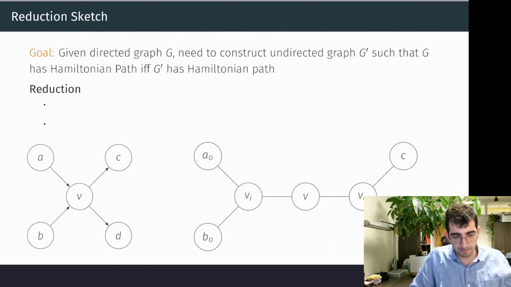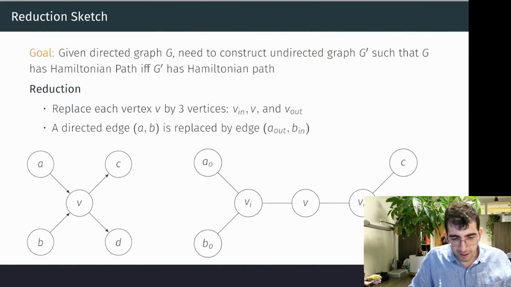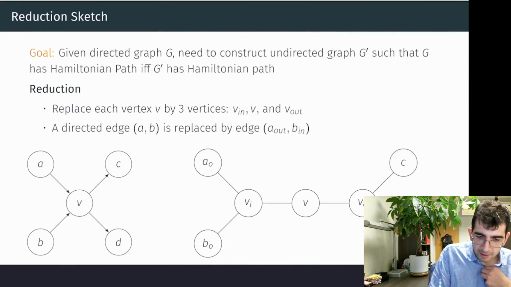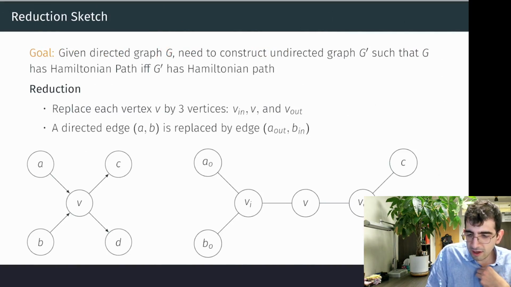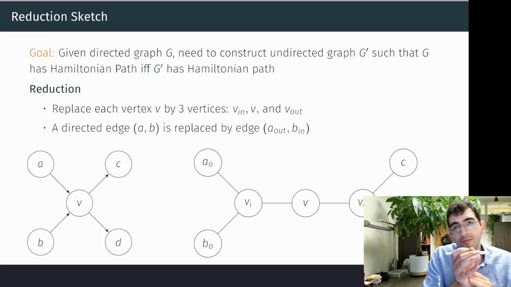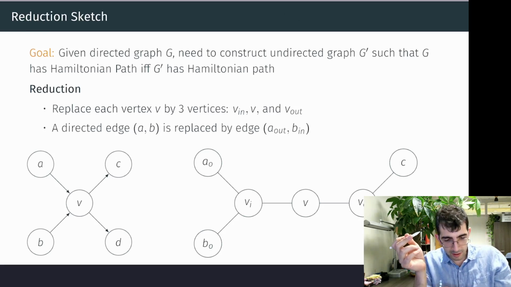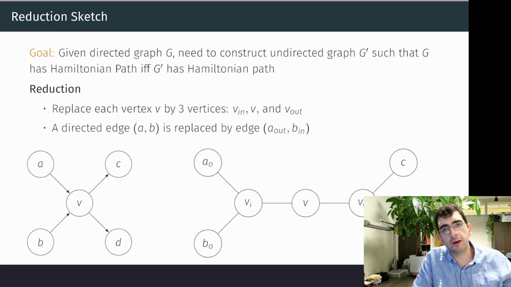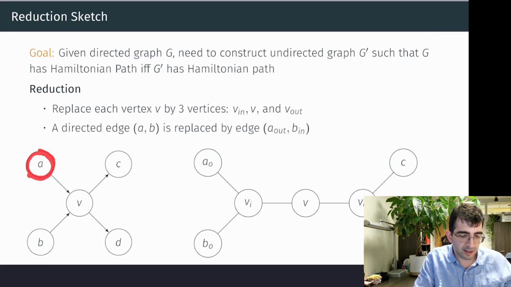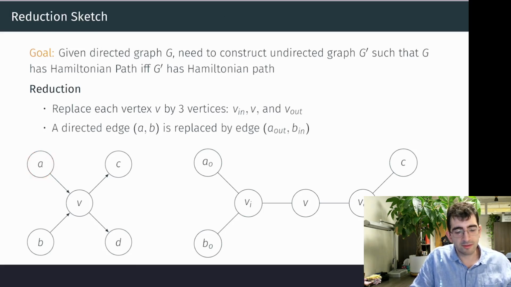Well, here's an idea. So given a graph G, we need to construct an undirected graph G prime such that G has a Hamiltonian path or cycle if G prime has a Hamiltonian path or cycle. All right? So how do we do that? Well, here's an idea. What if we do what we did with our graph algorithms, when we wanted to convert between directed and undirected cases, and we simply break this vertex up into inputs and outputs?